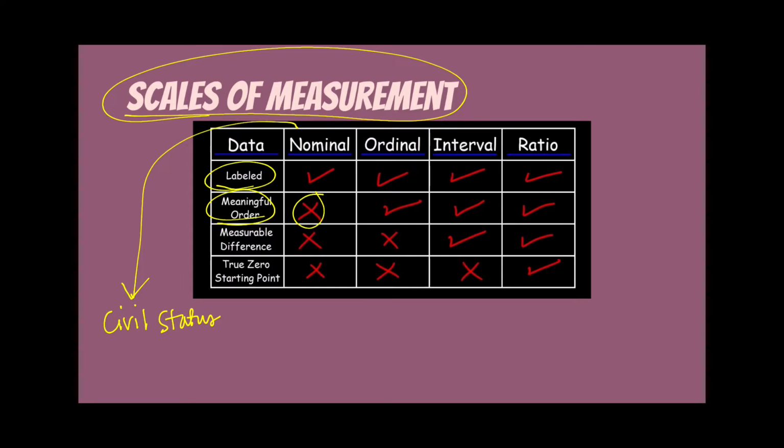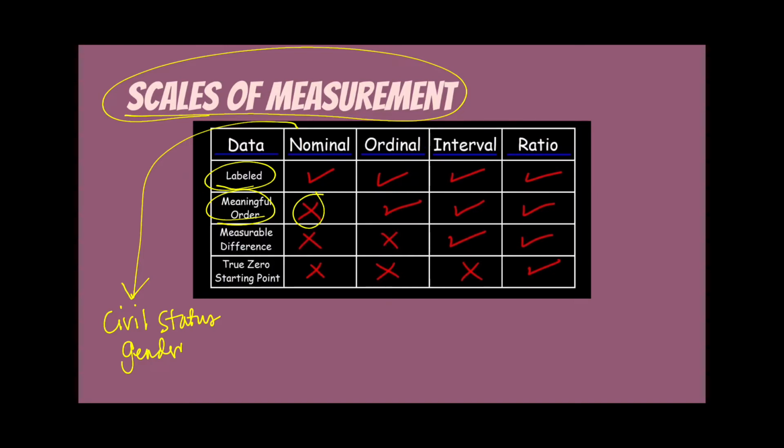Married doesn't necessarily mean that it's better or higher than single, or separated is higher than widow. There's really no meaningful order for this. Another example of a nominal would be gender, because you have male and female, but it doesn't mean that male is higher than female or female is higher than male.